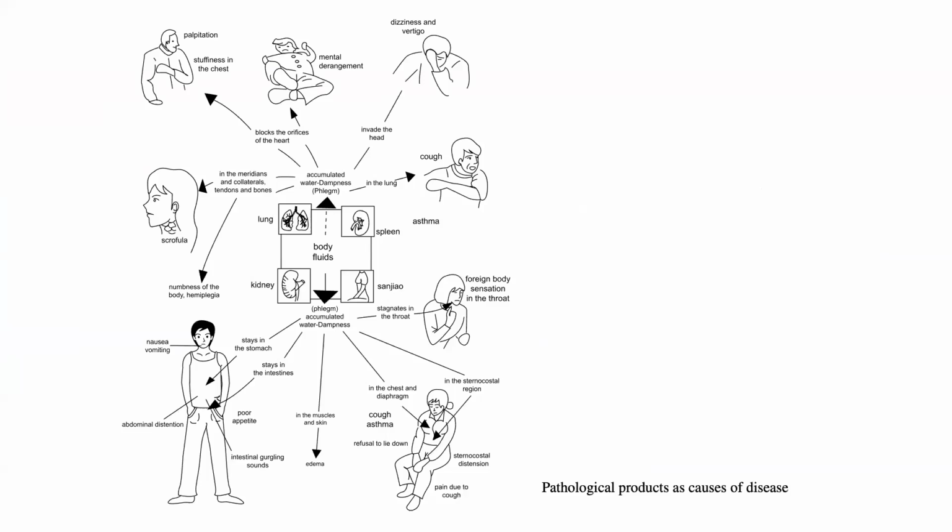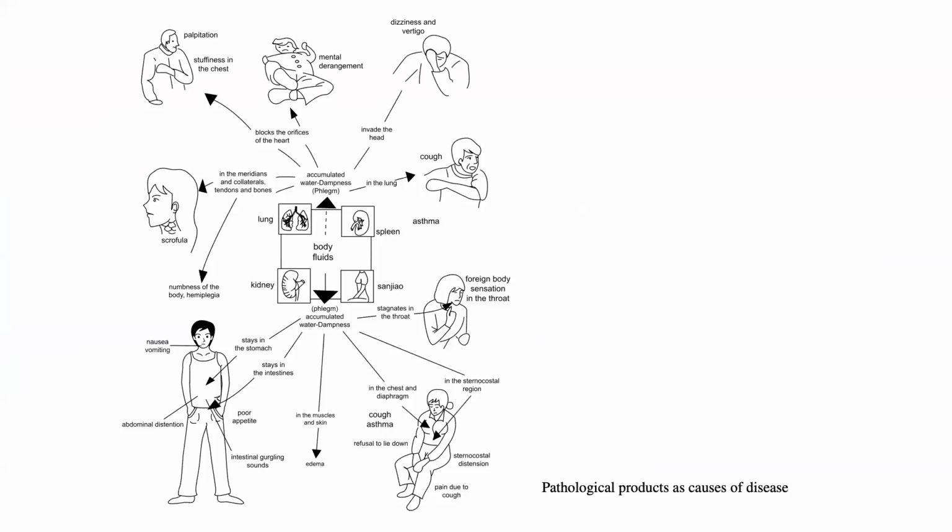And if it invades the meridians and the collateral, in the tendons and bones, it can cause numbness of the body and hemiplegia. If phlegm stays in the stomach, it can cause nausea and vomiting. If it stays in the intestines, it can cause poor appetite, intestinal gurgling sound, and abdominal distension.